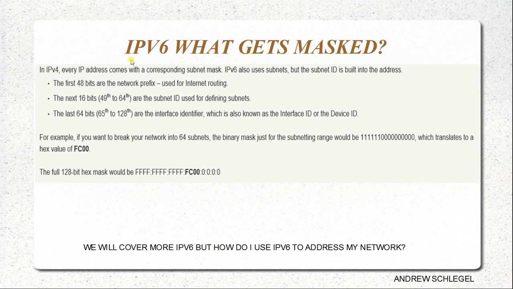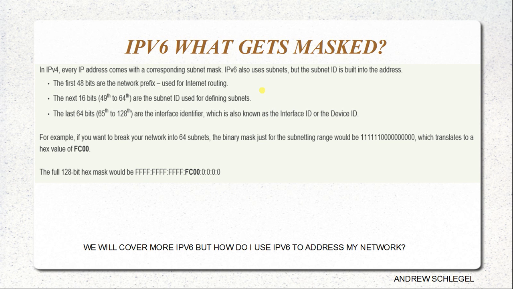And now we're going to try to come up with IPv6 addresses to put on that same network. So with IPv6, what gets masked? In IPv4, the address comes with a mask, right? It's going to be like a /24. We saw that. IPv6 uses subnets, but the subnet ID is built into the address.